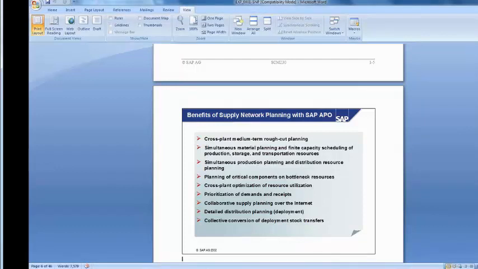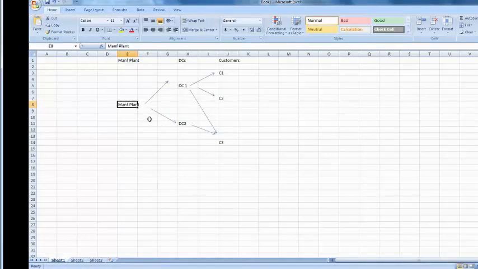Let's say this is a small network. This is a manufacturing plant, a place where my production takes place. And this DC is a distribution center, which does not produce anything; it takes the material from the manufacturing plant and supplies it to some customer.